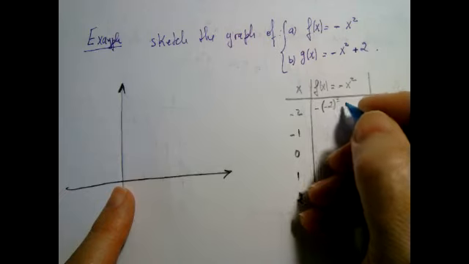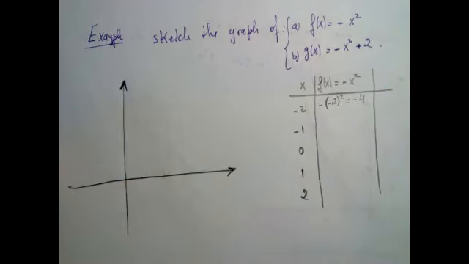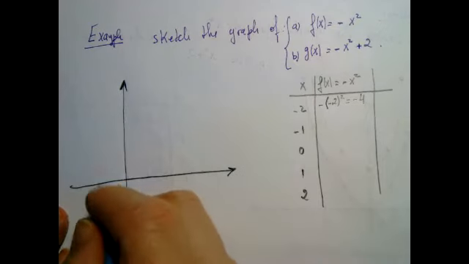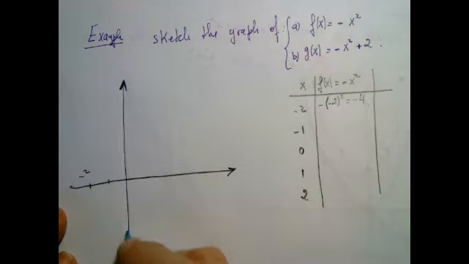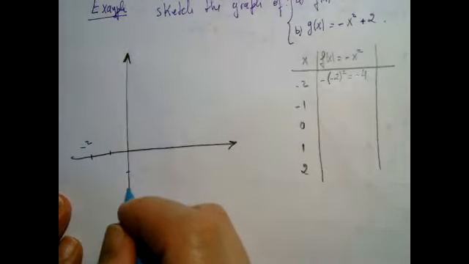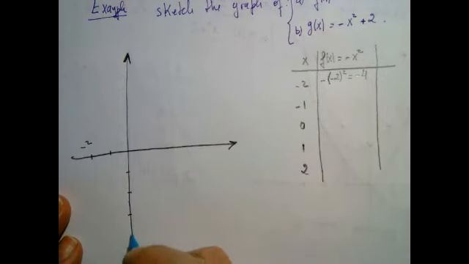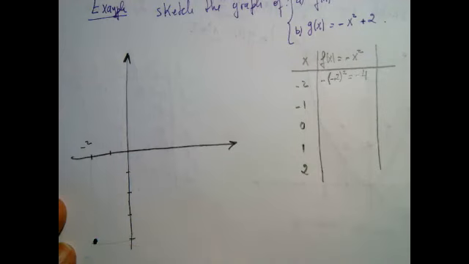It's minus 2 squared, which means minus 4. So at minus 2 it is minus 4, so 1, 2, 3, 4, minus 4. It's going to be right there.